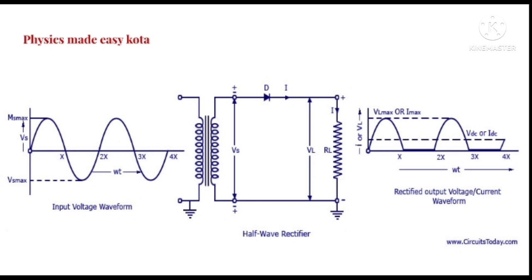The upper end of the coil is connected to the P region of the diode and the lower end is connected to the N region of the diode. So the positive gets connected to the positive region, negative to the negative region. So the junction behaves as forward biased, and during this only we get the output across the cycle.